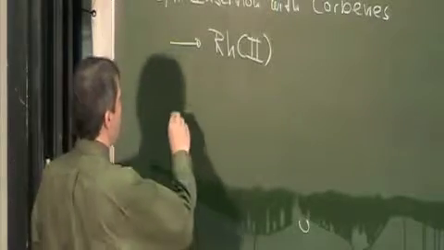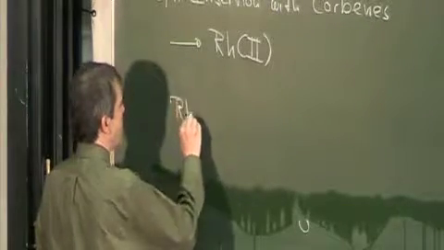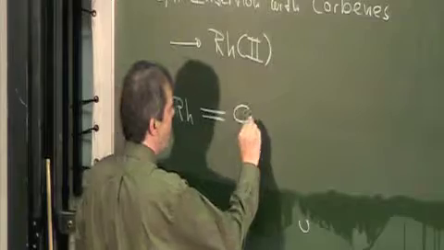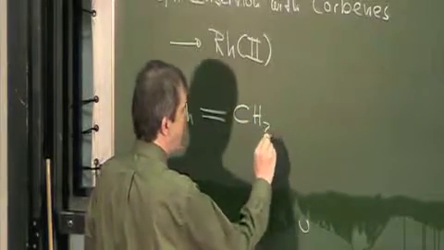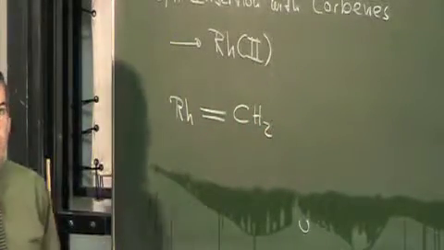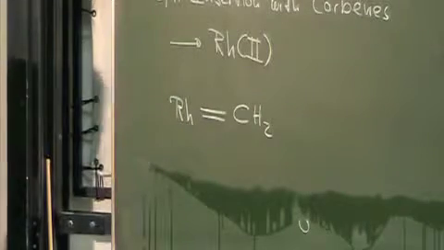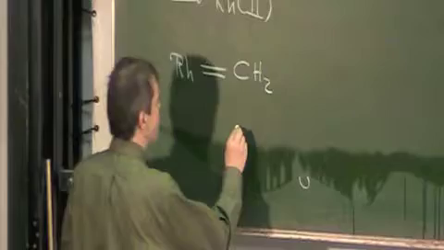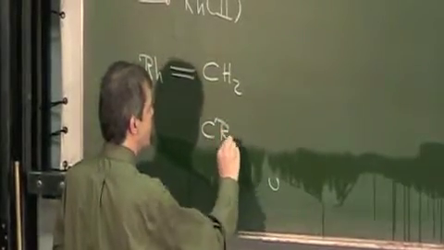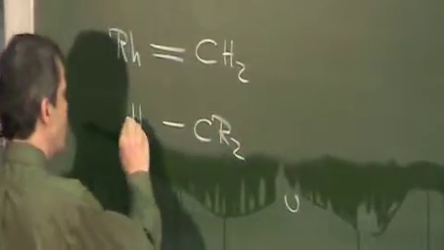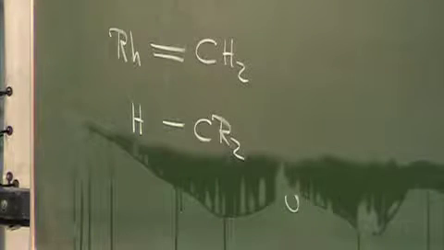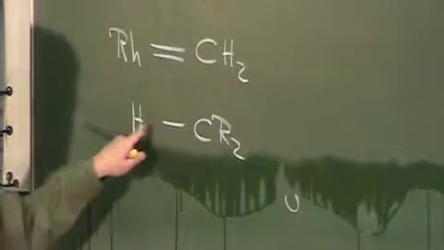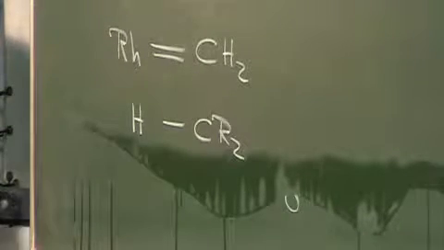And let's look at a plausible mechanism for how a CH insertion could occur of a compound where we have now a sigma CH bond.